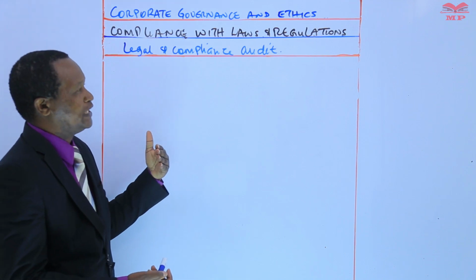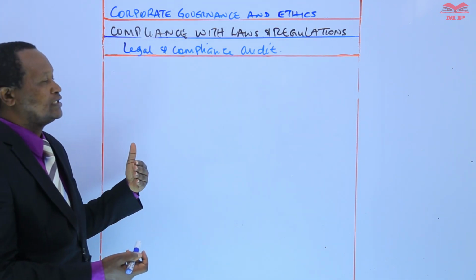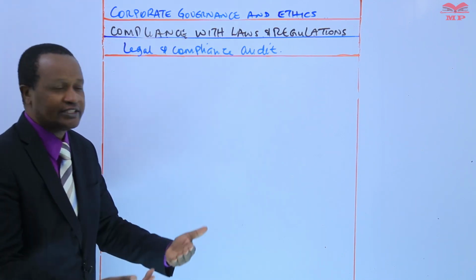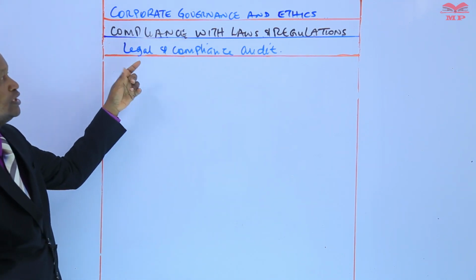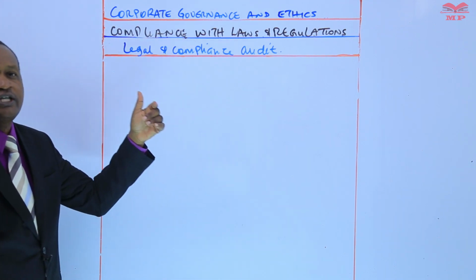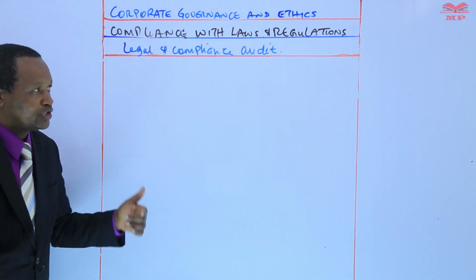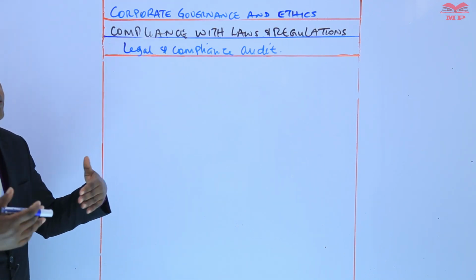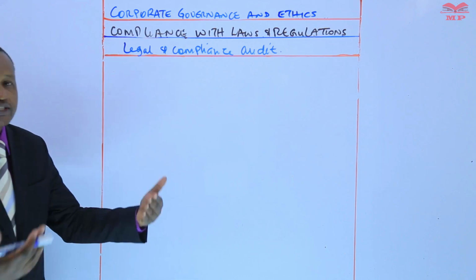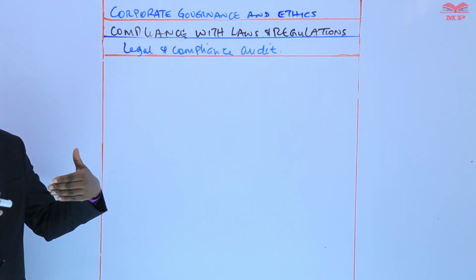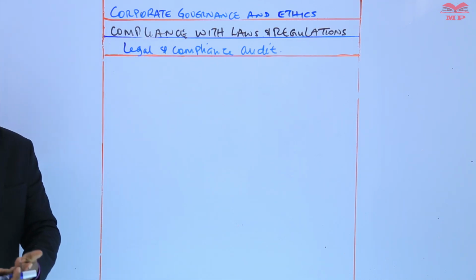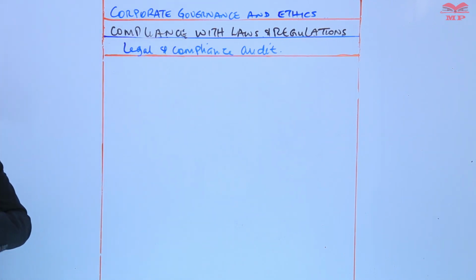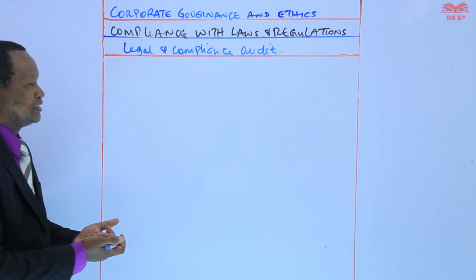It is the process of examining and checking if the company adheres to laws, rules, regulations, industry standards, internal policies, and so on. It involves a thorough examination of the company's operations, processes, documentation, and also controls in order to ensure that they are in compliance with all the relevant legal and regulatory requirements.